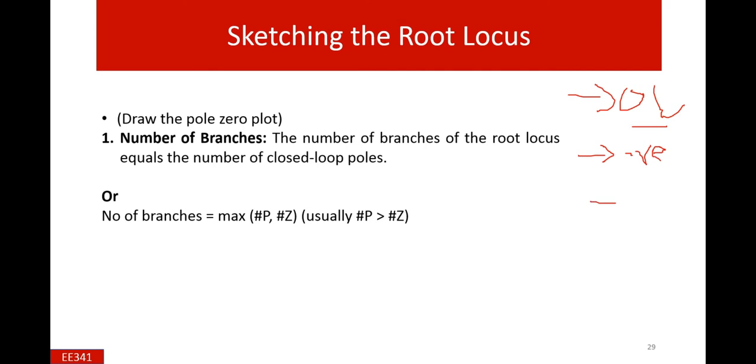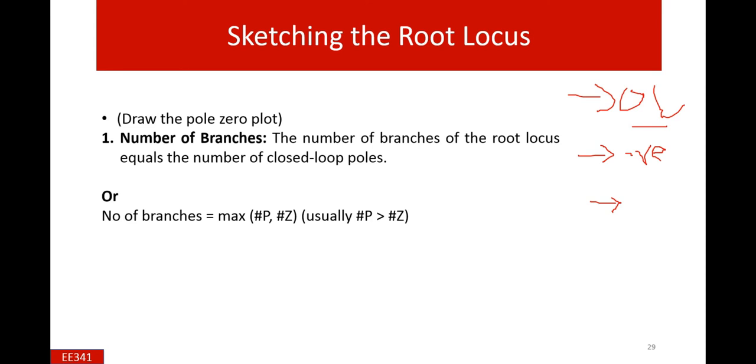And the third important point is that when an open loop transfer function is given, we normally consider that there are more poles than zeros. It means the open loop transfer function is a proper fraction, and usually it is in the form of a product. Using these fundamental assumptions, we will use some techniques or rules to sketch the root locus.